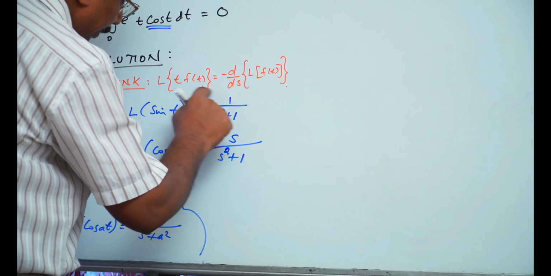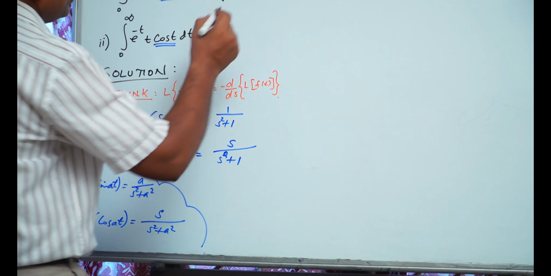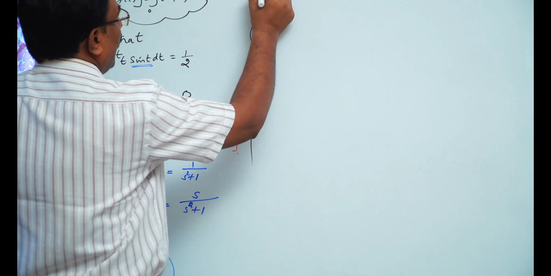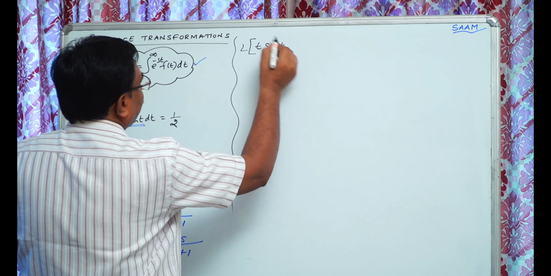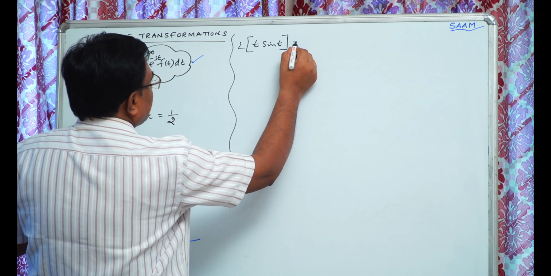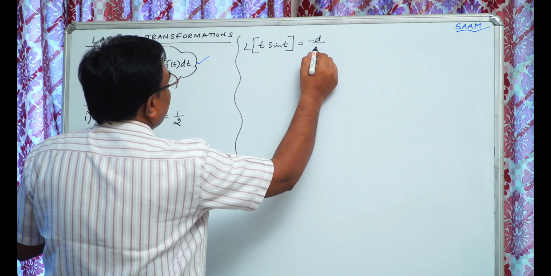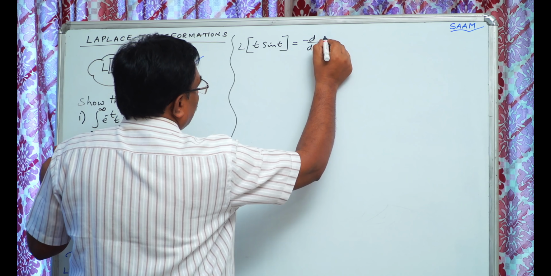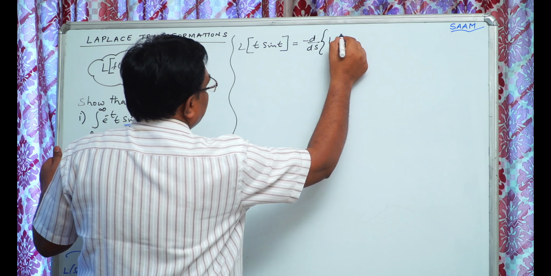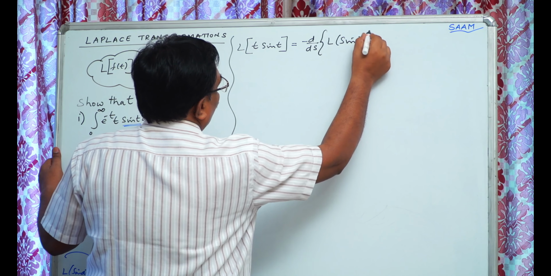So, by applying this rule, first, Laplace of t sin t is equal to minus d by ds of Laplace of sin t. This is the rule.